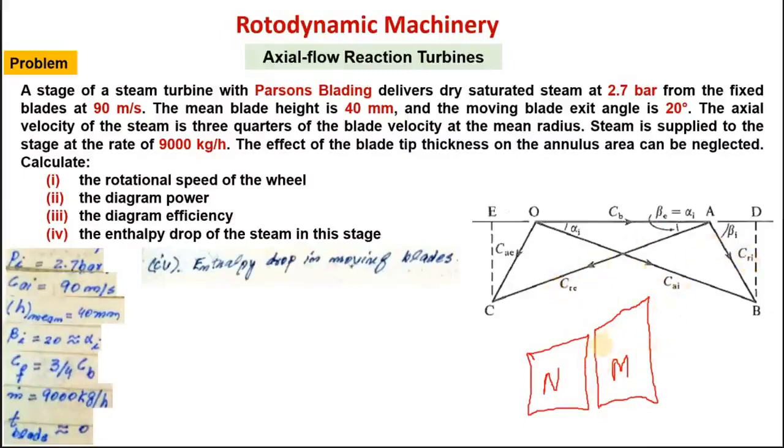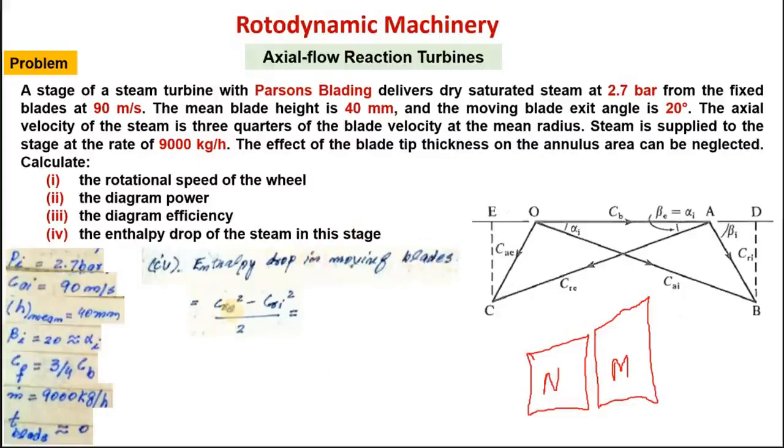So enthalpy drop in the moving blade is responsible for the increase in the relative velocity. That's why the increase in kinetic energy in the moving blades is due to this enthalpy drop, and that is given by CRE square minus CRI square by 2. So that is the enthalpy drop only in the moving blades, right?